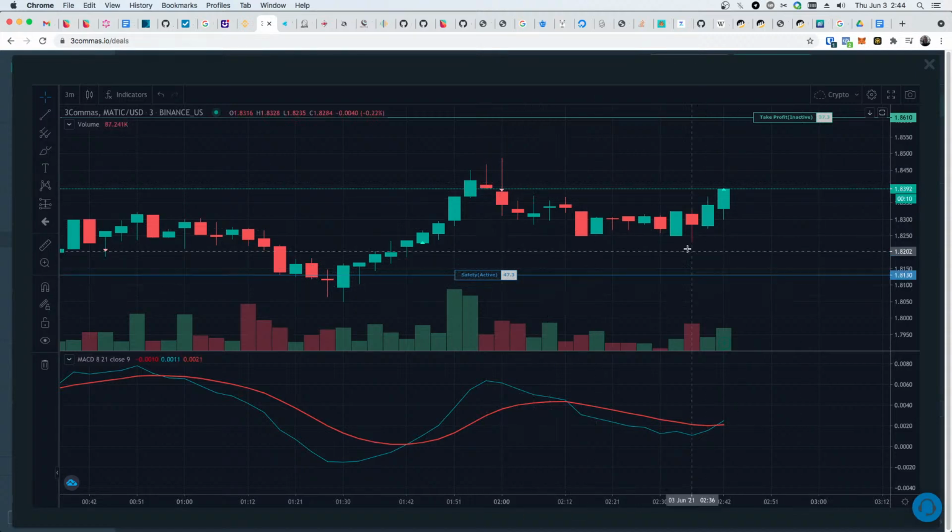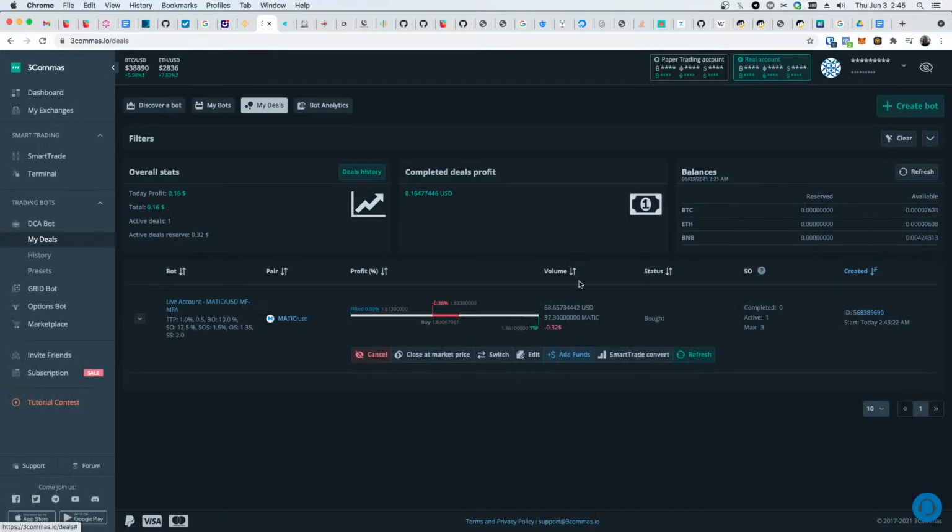So if the market does come back, it'll buy another 47 Matic, whatever that works out to be in US dollars.